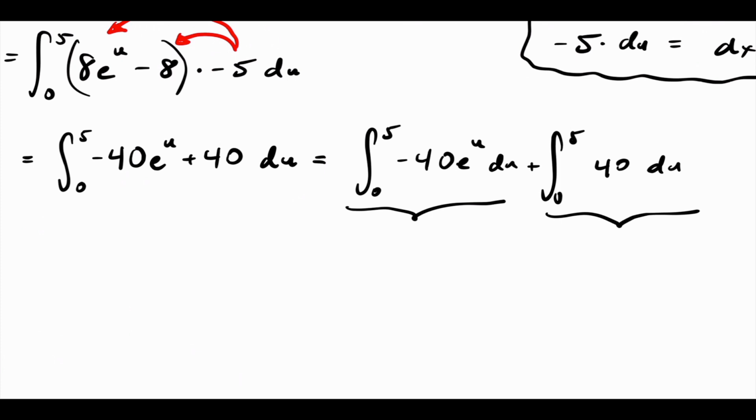Okay, so what's the derivative of negative 40 e to the u? Now the negative 40, that's a coefficient, so you can move that to the front. In other words, it's just what is the derivative of e to the u times negative 40?